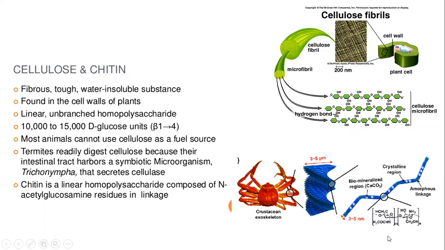This is a polymer of glucose, and chitin is a homopolymer of N-acetyl glucosamine. When they are linked together, they form the polymer chitin.